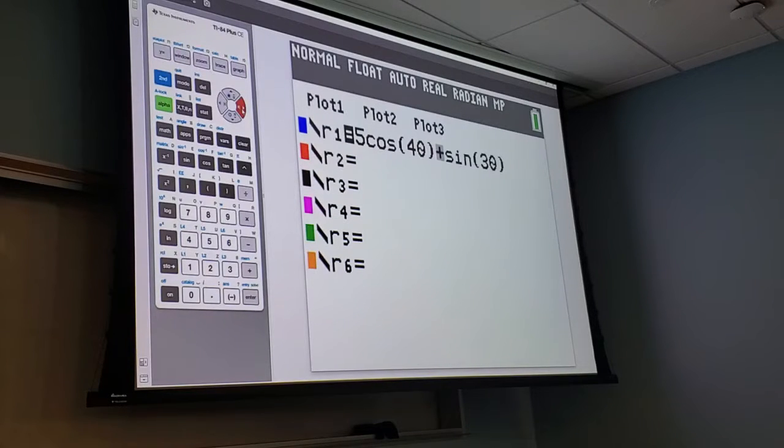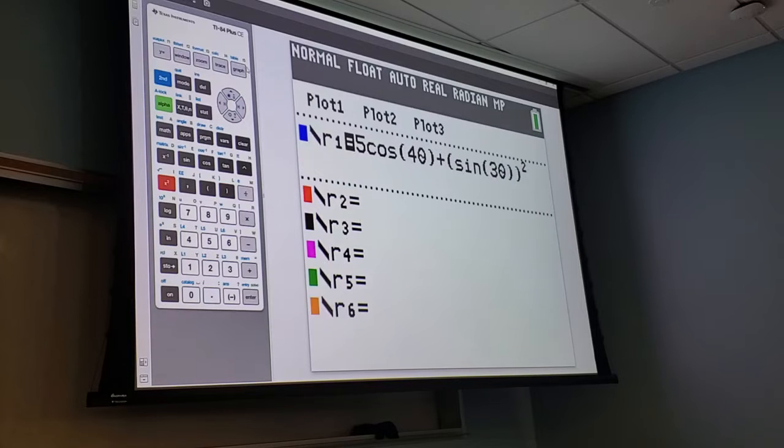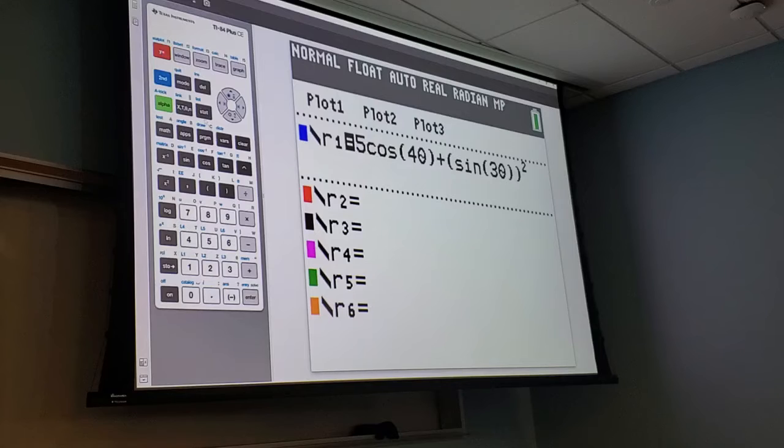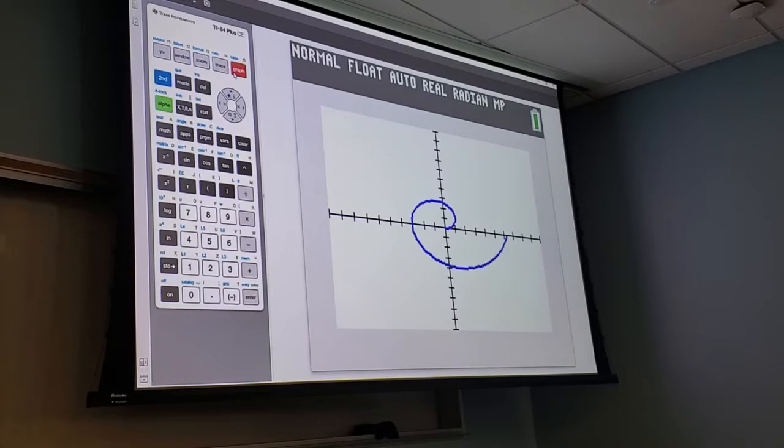What if I make this sine squared? I'll stop playing after this. Nifty. All right, I'll stop. What if I make it theta plus sine theta? Nifty. Anyway, I'll stop. Okay.